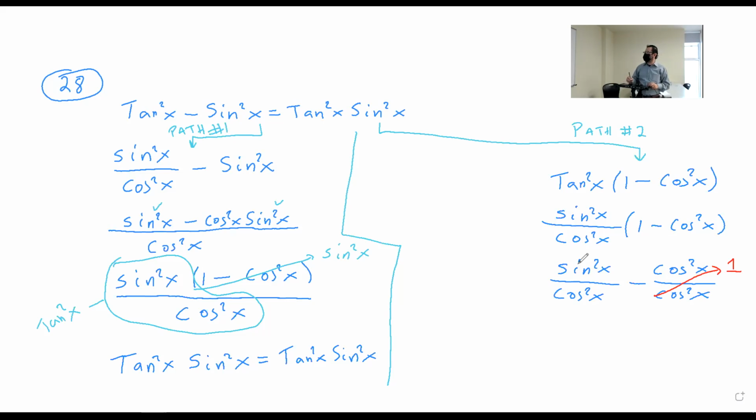No, I made a mistake here. Sorry, we're multiplying this by this, so we're going to have sine squared of x times 1 minus sine squared of x times cosine squared of x, divided by cosine squared of x.